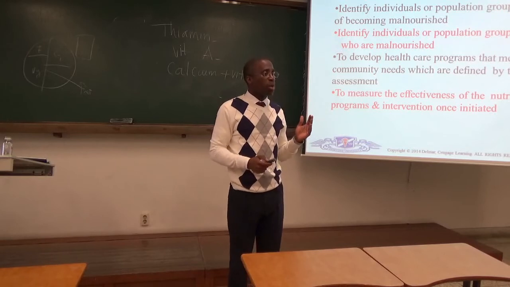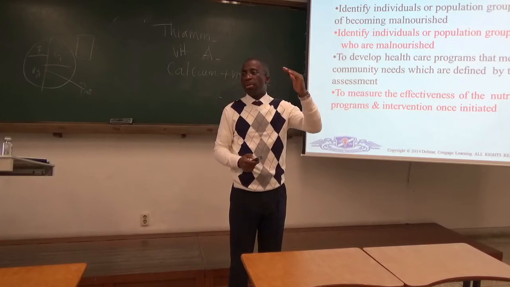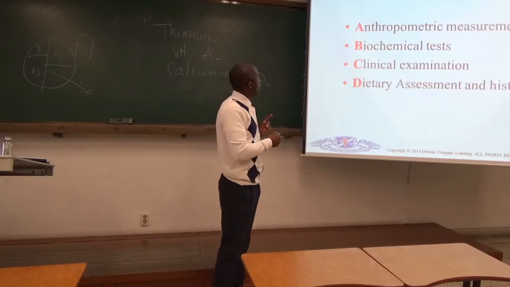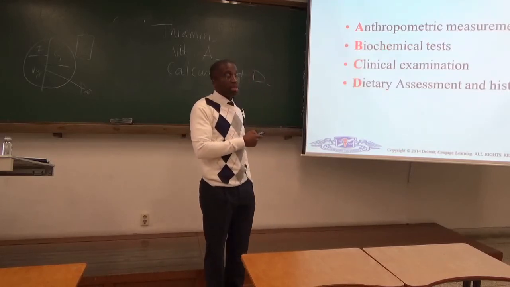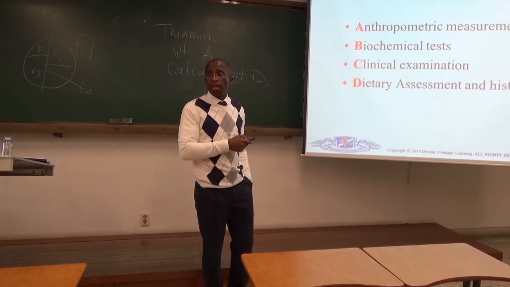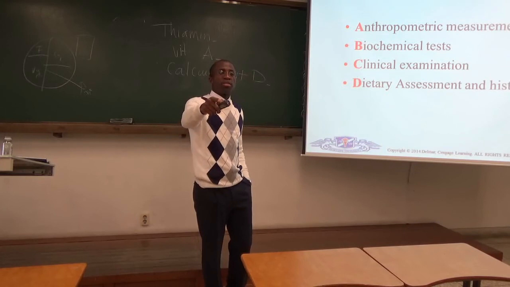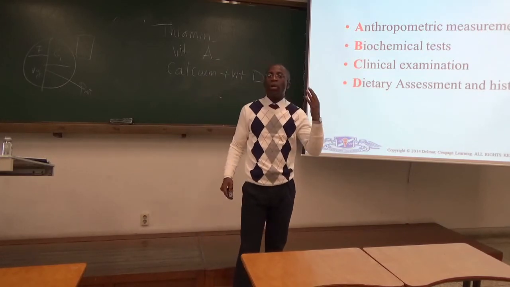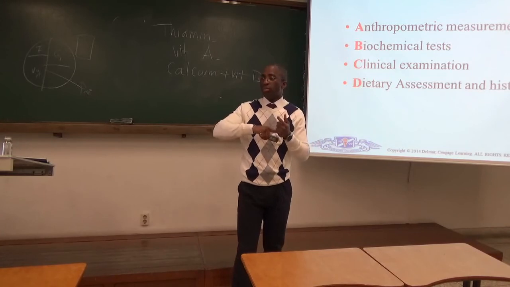But the best way to remember it is A, B, C, D. So in the nutrition assessment we have what we call anthropometric measurements. Anthropometric measurements, what do we do? It's like I take your height, I take your weight, the BMI. Remember the BMI is an anthropometric measurement.